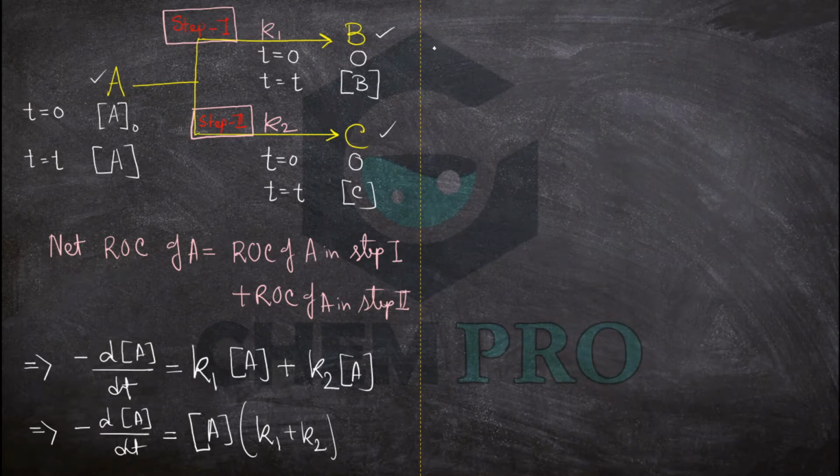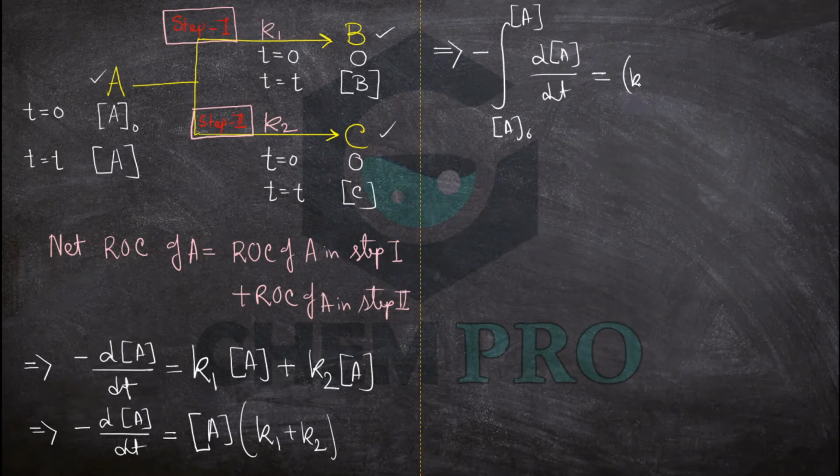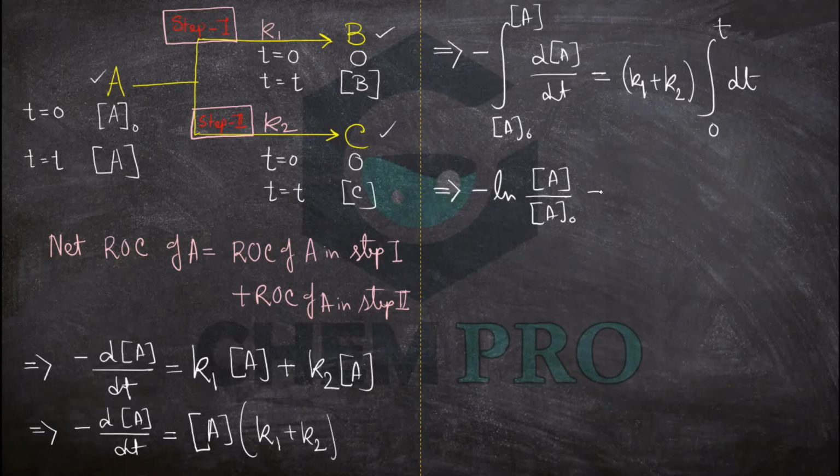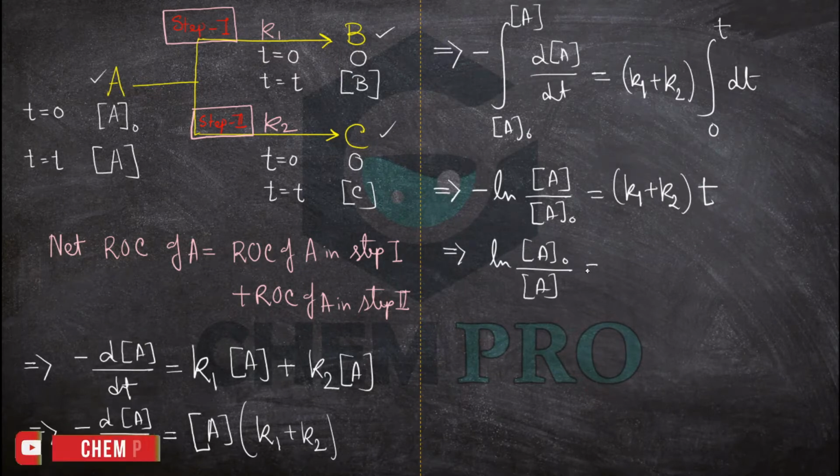Integrating, the integral from A0 to A of dA by A equals the constant K1 plus K2 times the integral from 0 to t of dt. So we get minus ln A by A0 equals (K1 plus K2) t, or ln A0 by A equals (K1 plus K2) t.